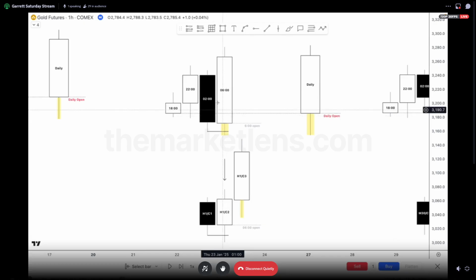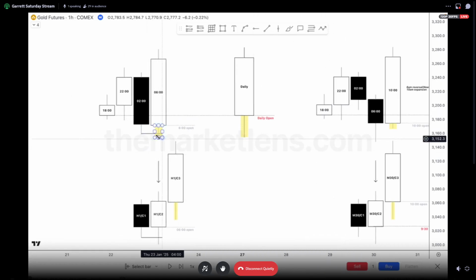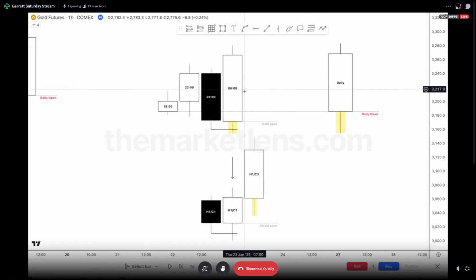So what about a New York reversal? It's the same thing as here, but what's the difference between these two candles? The wick size. See this wick size. You're going to see the trade that I'm going to show you on Friday. I took this exact profile right here. If you're going to trade within a reversal candle, 6 a.m. or any 4-hour reversal candle, you just want the low of the candle to be formed from a fractal model.